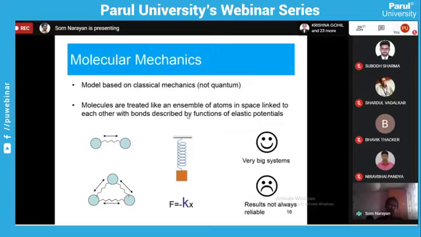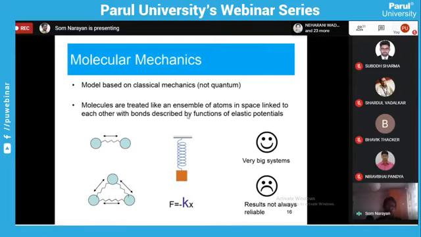So coming to the molecular mechanical approach, we can consider two balls attached with a spring, and we can use Newtonian mechanics, that F is equal to minus kx. With that we can have the interaction between two molecules or two atoms.